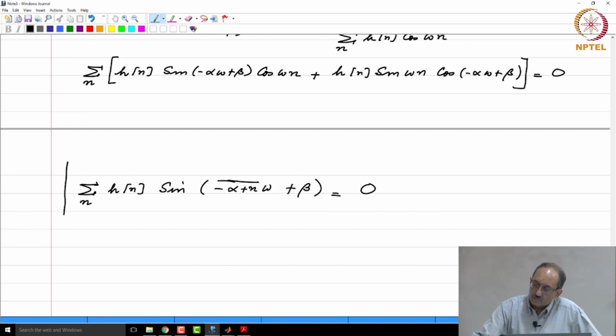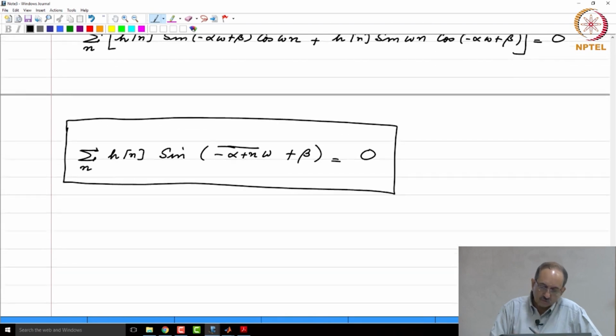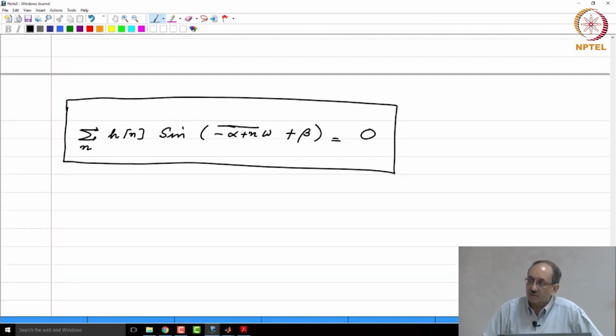So if the system is to have linear phase, then this equation must be satisfied, because we start off with linear phase and have arrived at this condition.